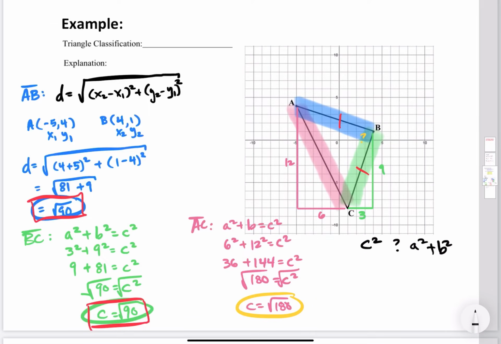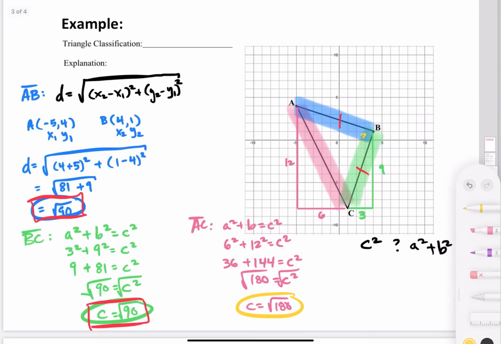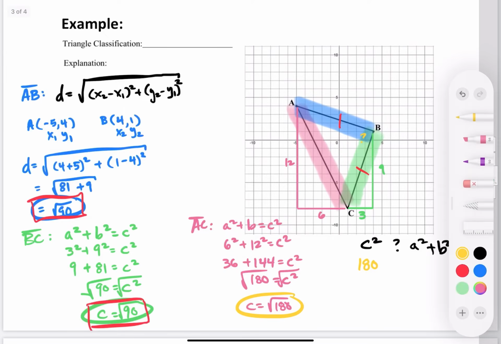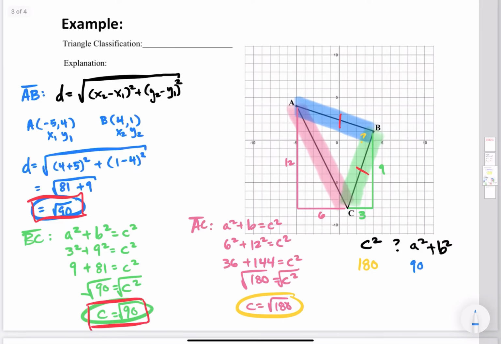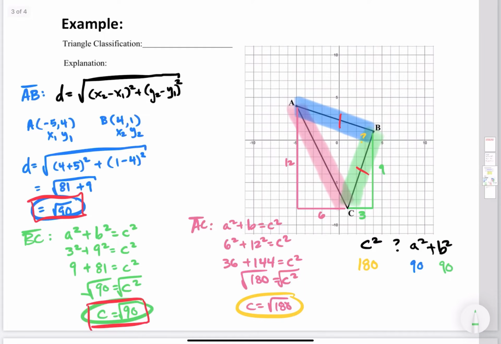Okay, so when we take a look at this, we do know that the longest side is that square root of 180. So that's going to give us the square root of 180 squared, which is just 180. And then we have the other two, which is 90. So that means we're going to do our a squared, or the square root of 90 squared, which is just 90, and the square root of 90 squared again is also 90.